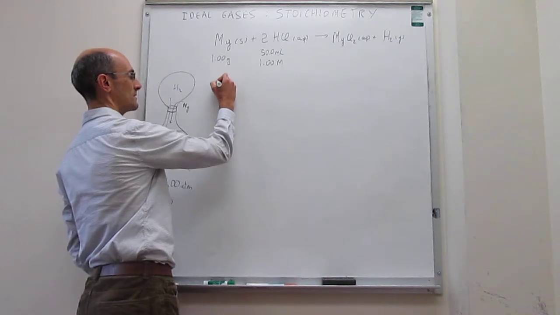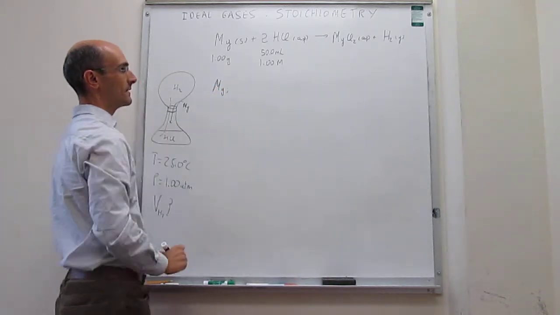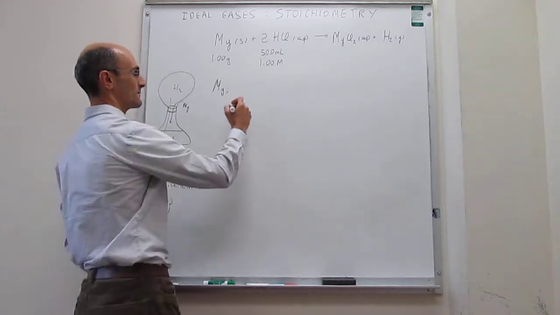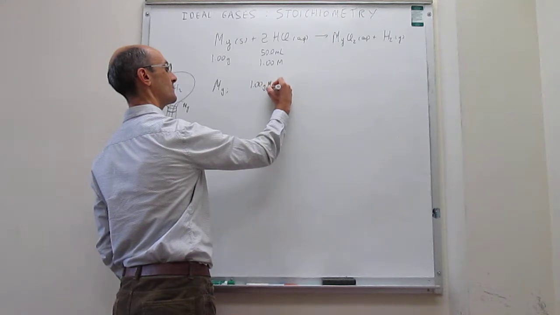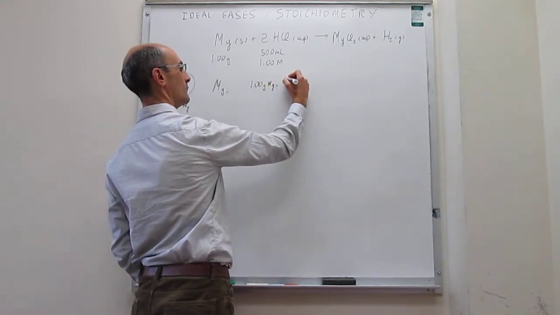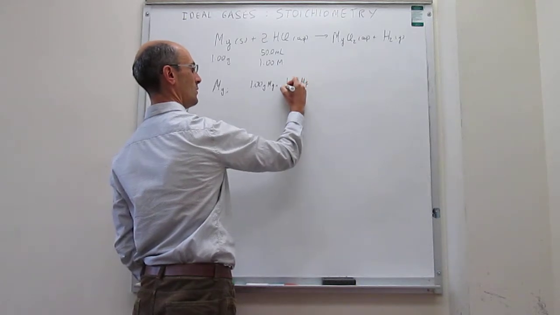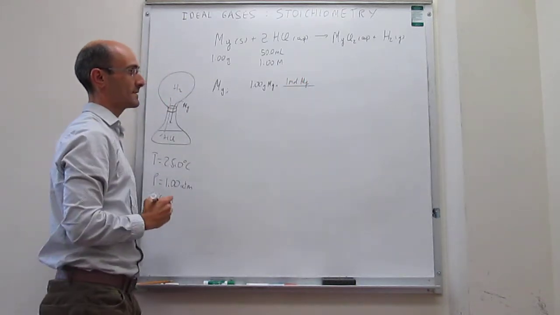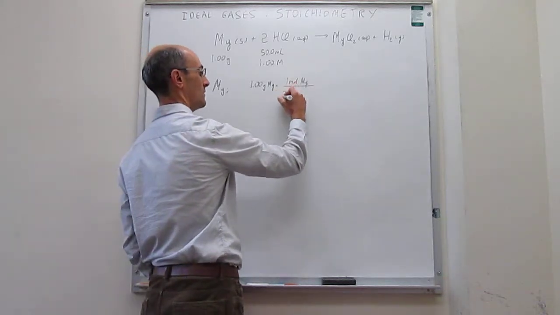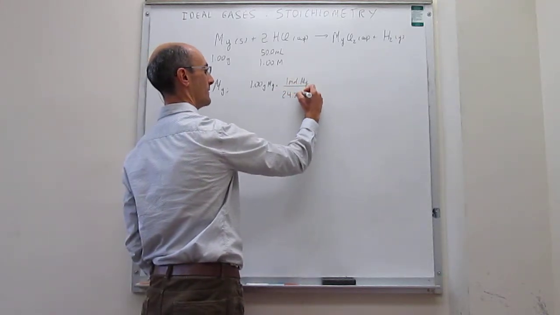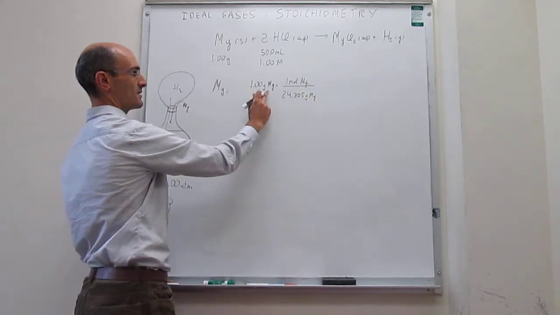All right, so let's get started with the stoichiometric problem. Let's assume that magnesium is limiting. If magnesium is limiting, then the moles of H2 that you would get would be as follows. We have 1 gram of magnesium, and we know that for every mole of magnesium, we'll have the molar mass of magnesium, which in this case is 24.305 grams of magnesium. So divide the mass over the molar mass.